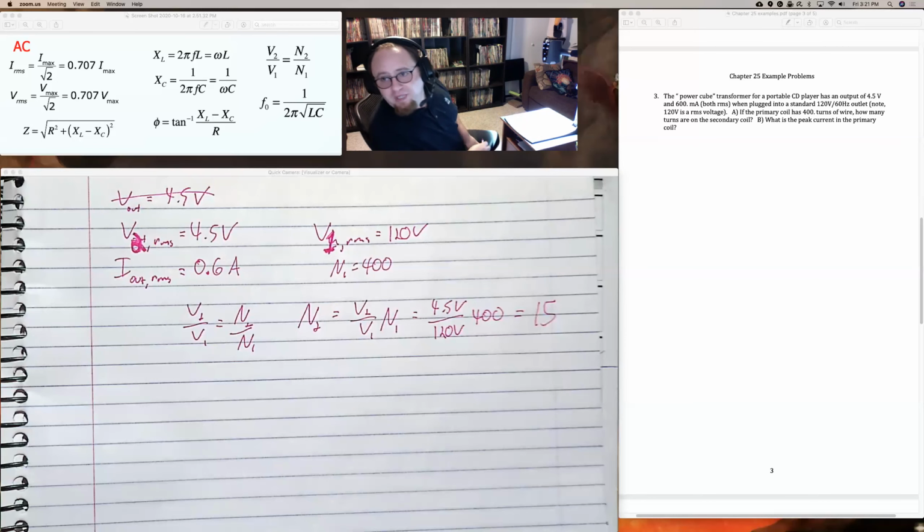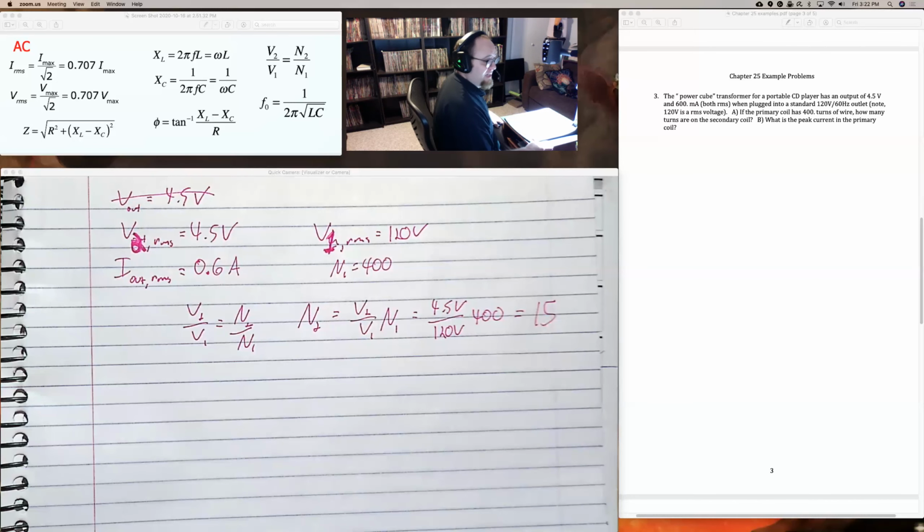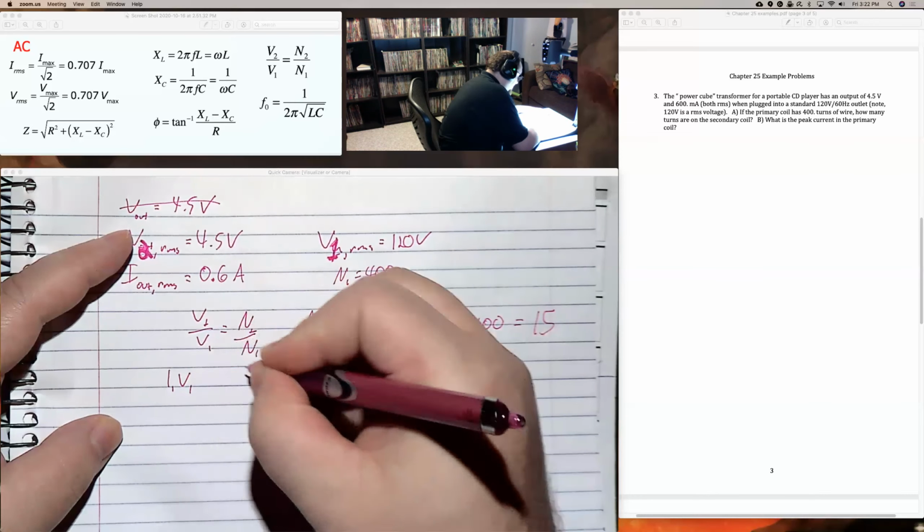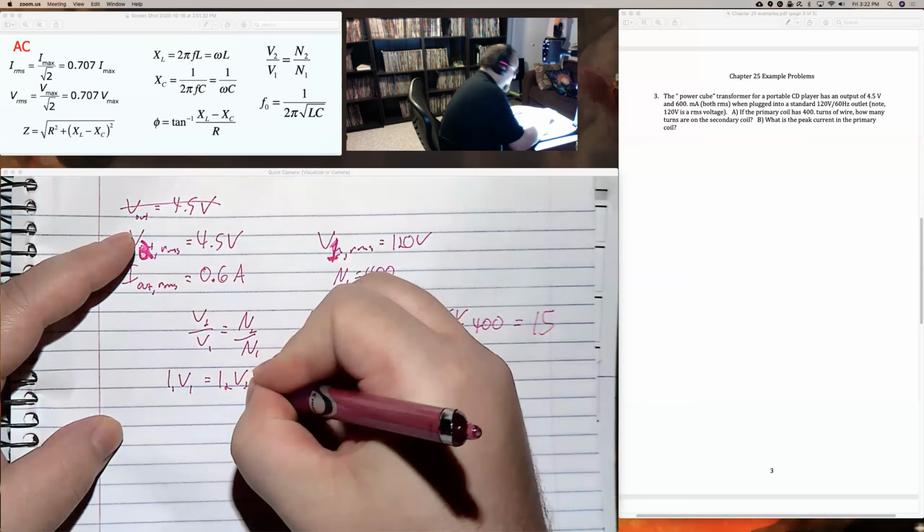Okay, part B. What is the peak current in the primary coil? Here's the thing. With a transformer, the power will be the same on both sides. That I1 V1 will be the same as I2 V2.